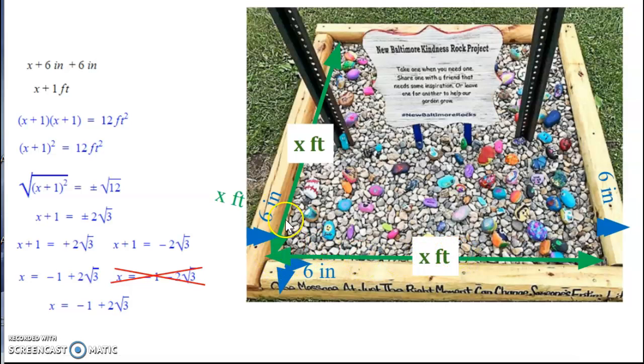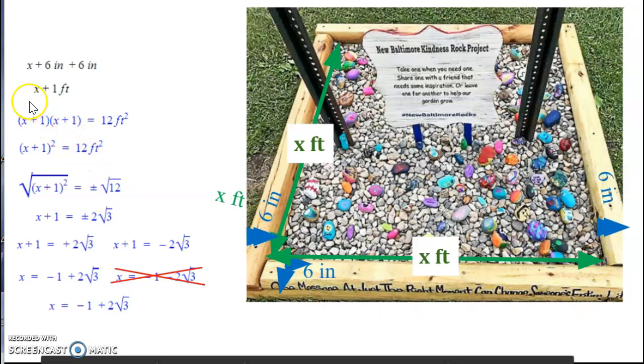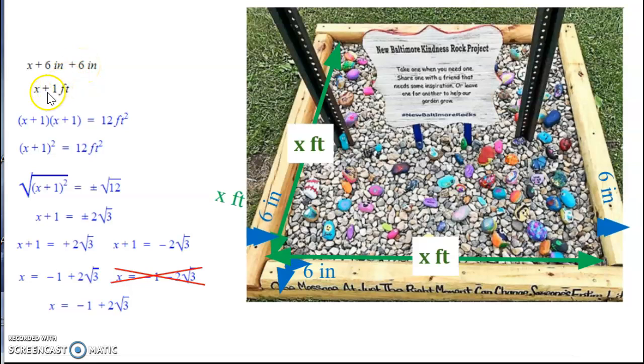That means the total length horizontally is going to be X plus 6 plus 6, because it's covered on 4 sides, which is 12 inches. I'm going to convert that to 1 foot because the total area is going to be 12 foot square. So X plus 1 times X plus 1 is 12 foot square. X plus 1 all squared is 12 foot square. Take the square root of both sides and you get X plus 1 is plus or minus 2 root 3.